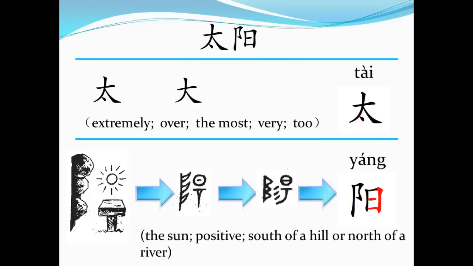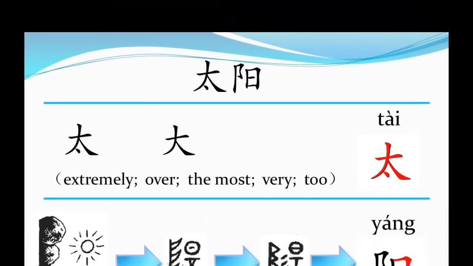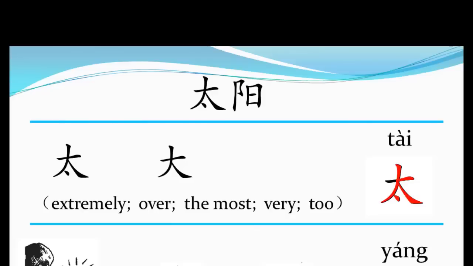This word 太阳 is the sun. 太 looks very similar to the character 大. Letter T reads T. AI reads I. So T-I, Tai. It's the fourth tone, so it's Tai.